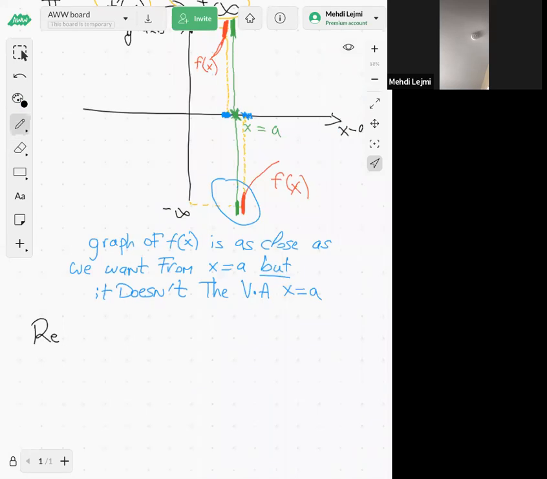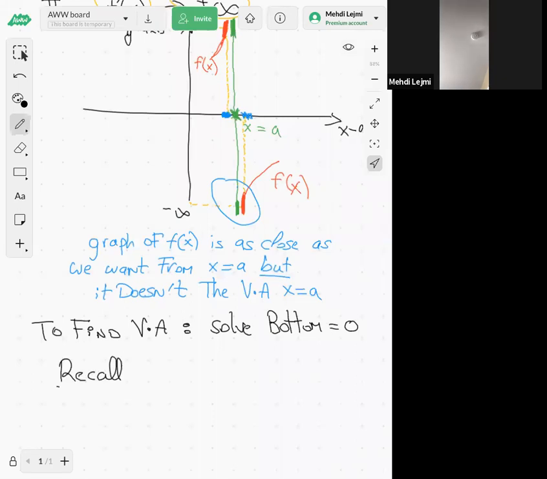Well, before that, to find the vertical asymptote, all we have to do is solve the denominator equal to 0. That's how we find the vertical asymptote. Now, what about the horizontal asymptote?